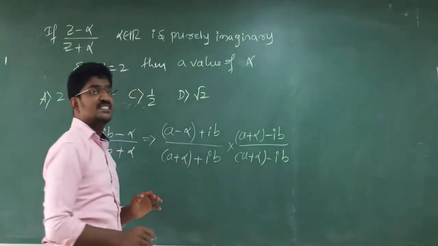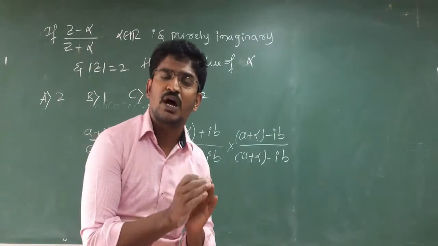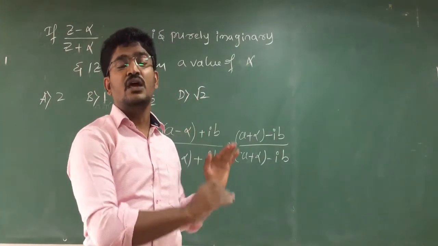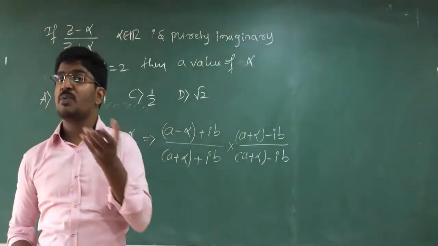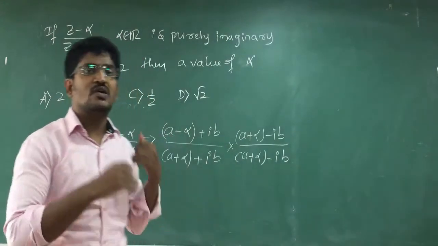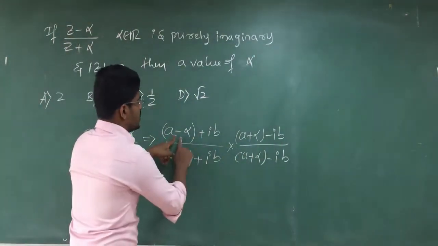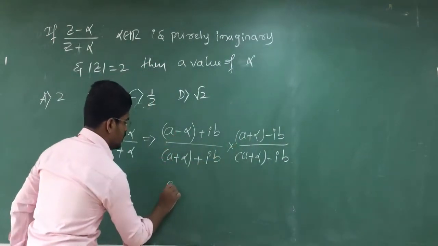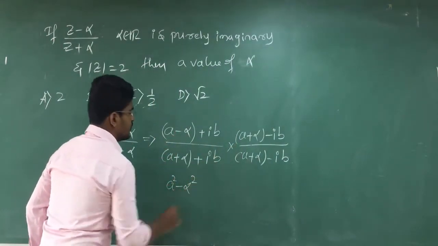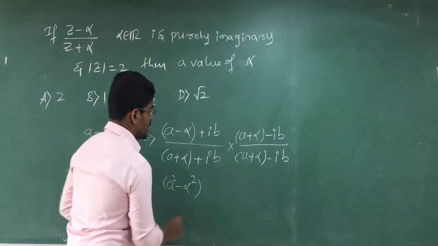So after rationalizing this, I will consider only the real part because this is purely imaginary. From that we can understand the real part is 0. That is important. So I will take only the real part, which is equal to 0. If I multiply the two real numbers, it will be a square minus alpha square. Another number, what will I get?